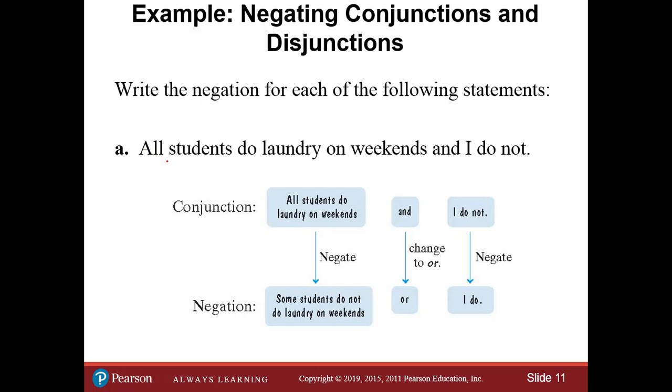We're saying all, so this is a quantified statement. We take this all and change it to some. The negation of all students do laundry on weekends means some students do not do laundry on weekends. And the negation of I do not means I do. So this would be the negation of this conjunction.